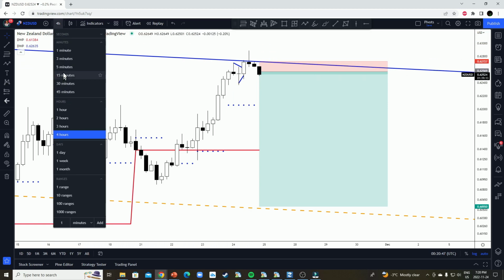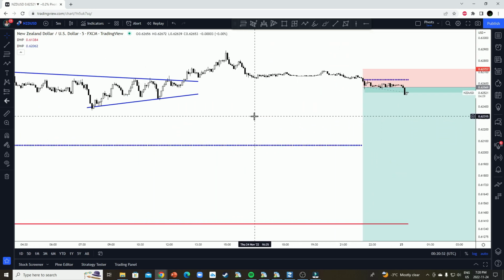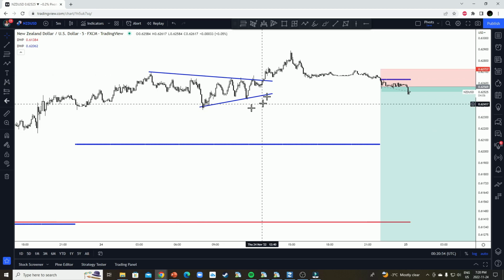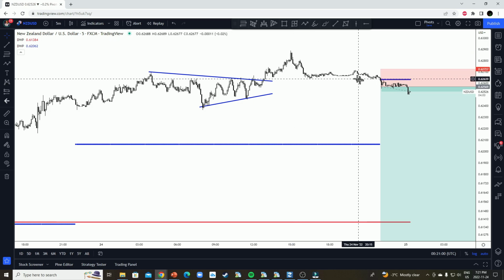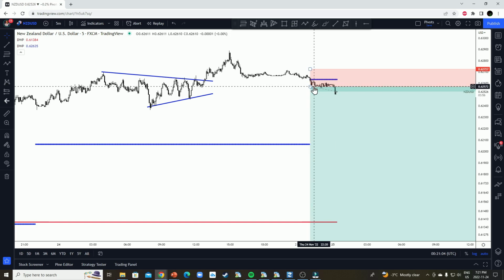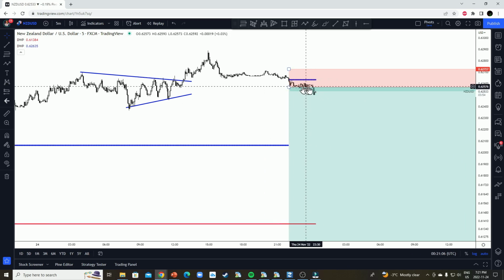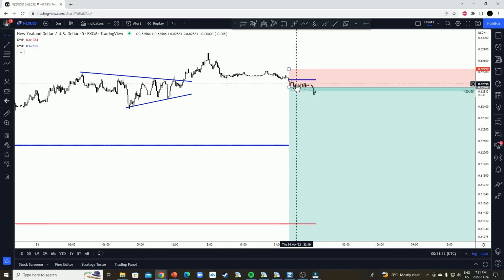And when I zoomed in on the 5-minute chart, I saw that price moved out of this little shape, and then it got rejected. And then there was a battle between the bulls and the bears over here, and the bears won. And at that point, the price got lower than the pivot, indicating that the path of least resistance, at least on a daily time frame, was now going lower.